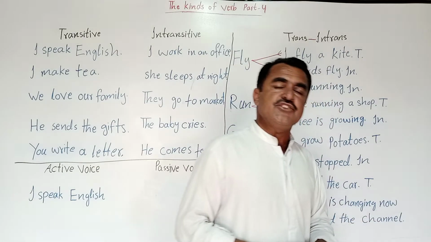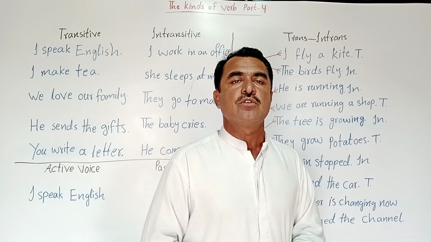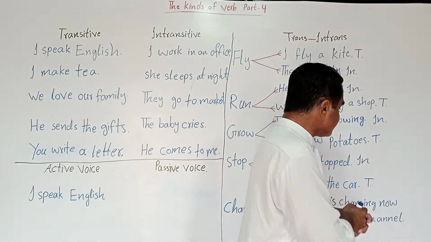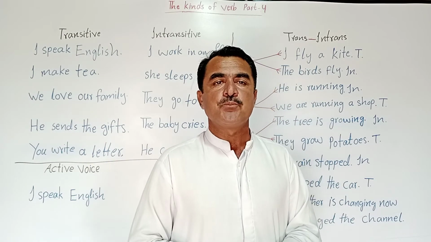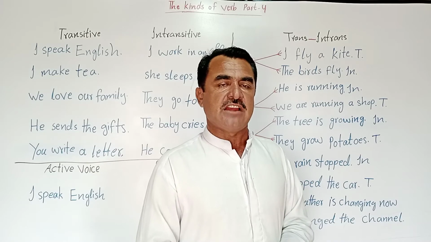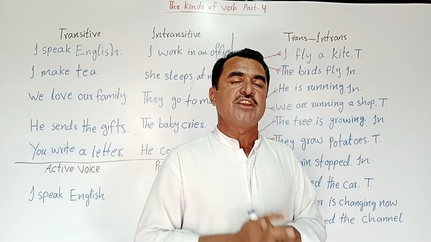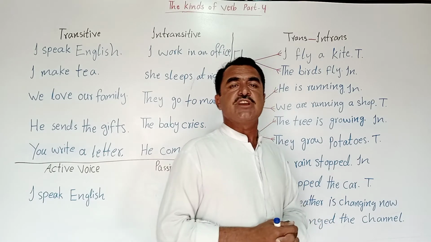The weather is changing now. The weather is changing now what? The weather is changing who? That's why this sentence is complete in itself. That's why it will be called the intransitive verb, meaning it has been used intransitively.